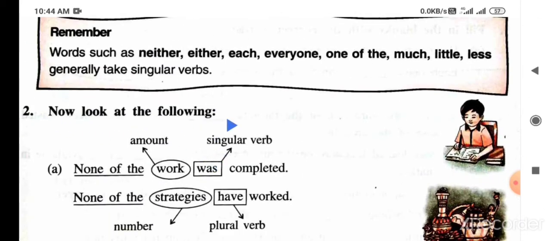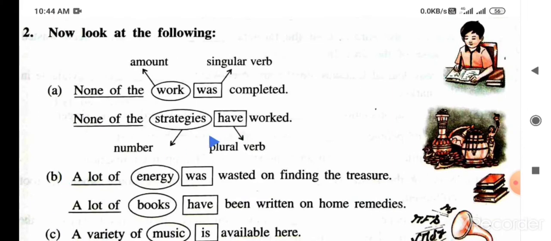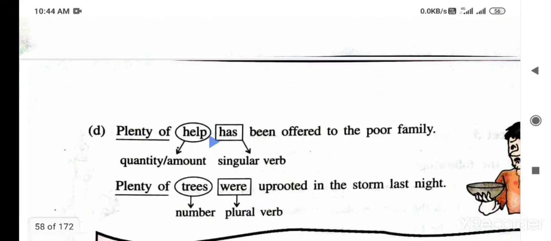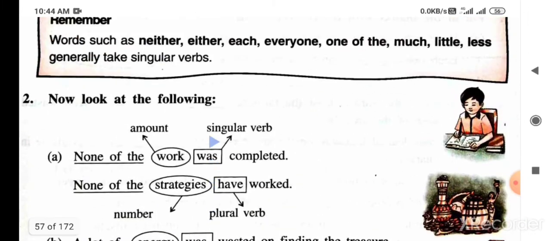Now look at the following. None of the work was completed. None of the work. Now work is amount. तो amount जब रहे, अब work का कोई amount पता नहीं है.